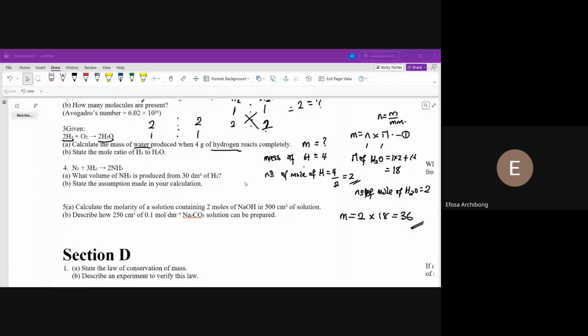The molar mass of oxygen, I think, is 16. Okay, it's 16, even though you're not sure yet. All right, so that's correct.